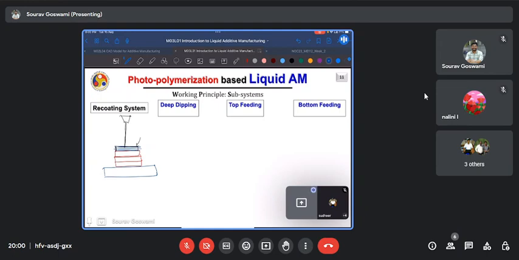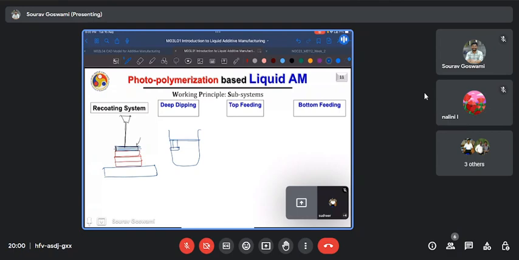So there are three broad ways. One is deep dipping, where say this is the height of resin that we have. In the previous step, my part was already built to this height.